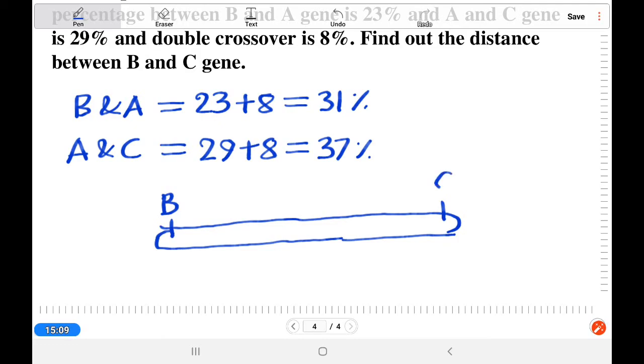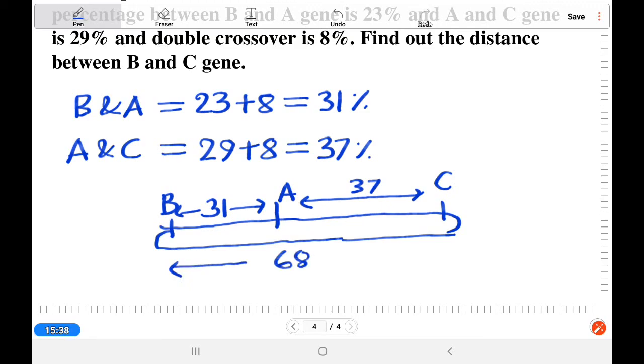If we consider, then A is present a little bit close to B, because here the distance is 31 Morgan and here the distance is 37, a little bit more. So if we add these two, then it comes to 68 Morgan. So the distance between B and C will be 68 units or 68 Morgan.